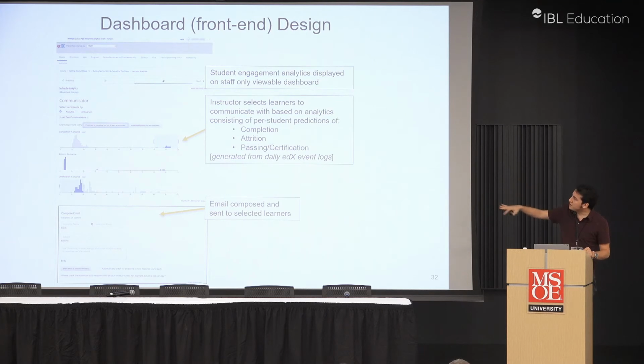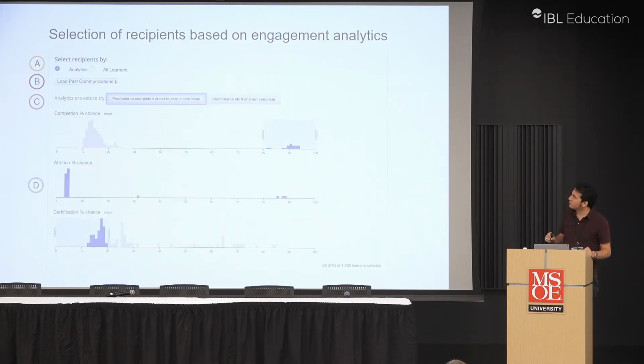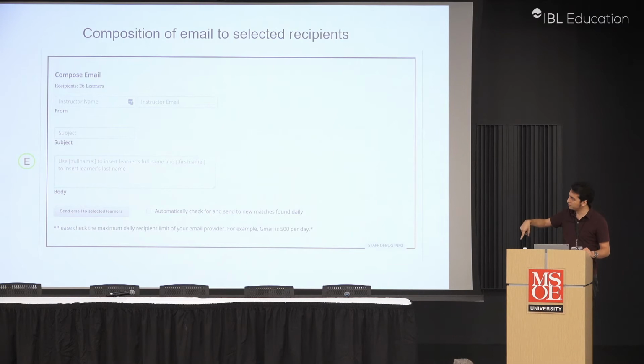So we designed this interactive dashboard that displays a histogram of the probabilities of all the learners for completing, for dropping out, we say attrition, and passing, which we say certification. And then the instructor can select a subset of this group to then send an email to.